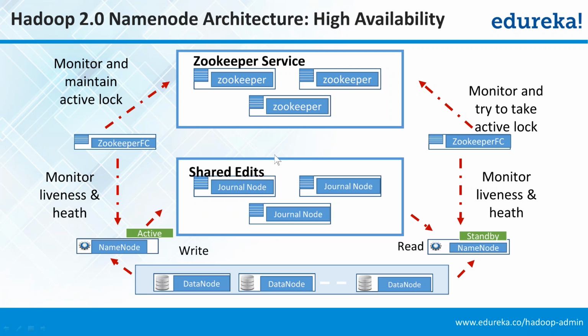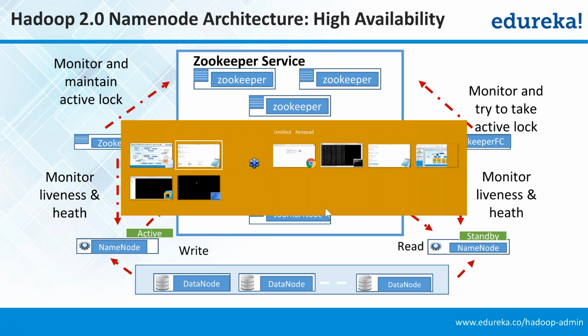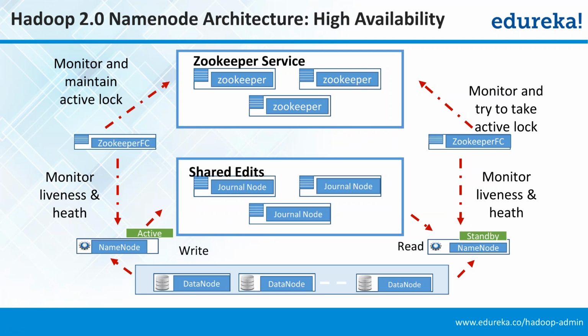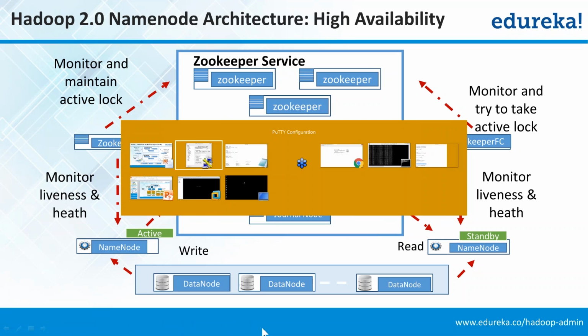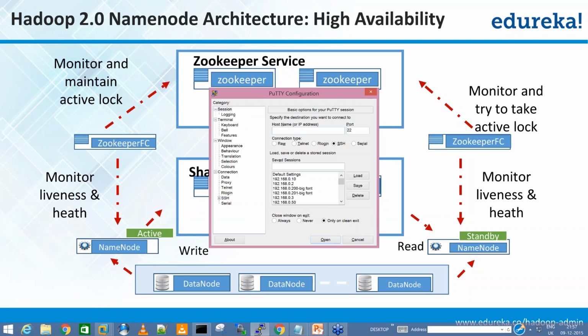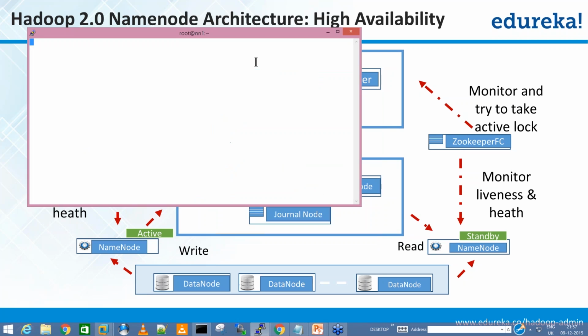So in this case as well, I'm just putting that shared edit storage, the shared edit logs, in this JournalNode. So I will show you my configuration as well. Let me show you.